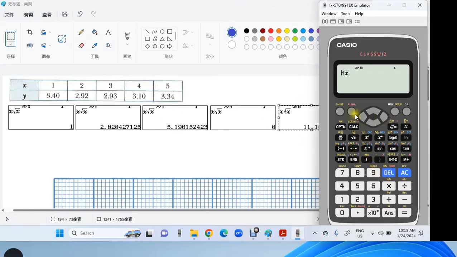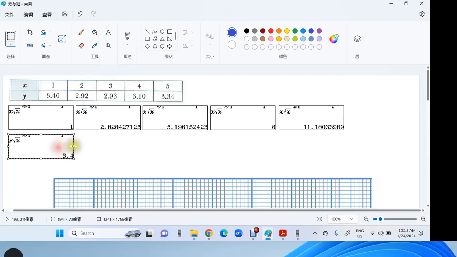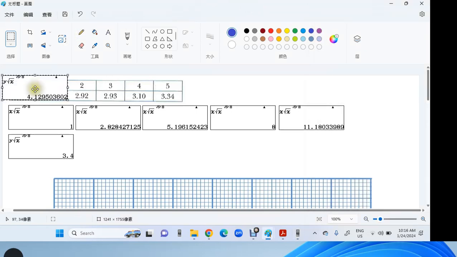Okay, and we want to have the y square root x. So calculate: the value of y is 3.4 and the x is 1, then we have 3.4. If the y is 2.92 and the x is 2, then we will have this.